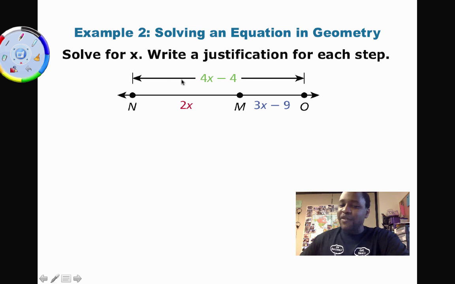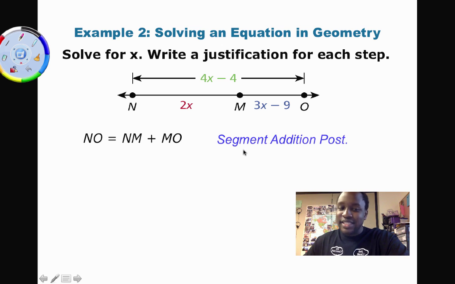So to solve for x, we're going to have to use the segment addition postulate. So NM plus MO equals NO. That is the segment addition postulate. So since we have learned the segment addition postulate, that is one of the givens, given that we were given this picture.